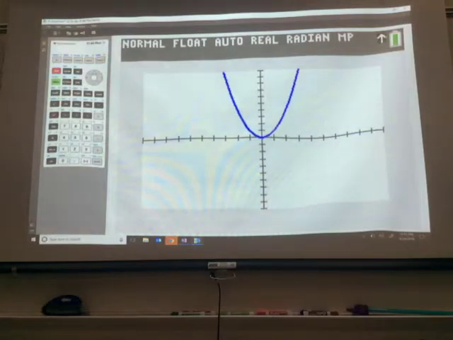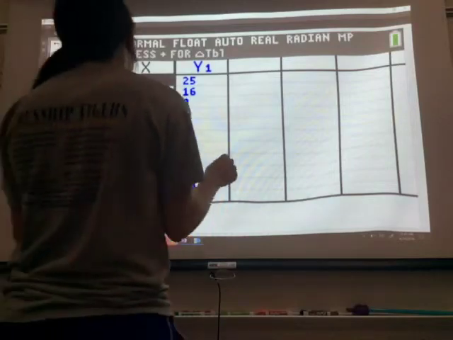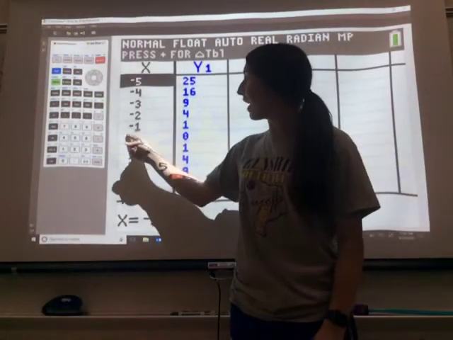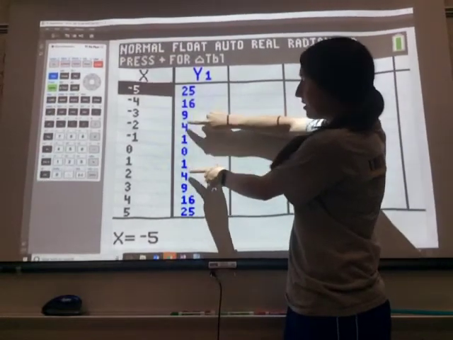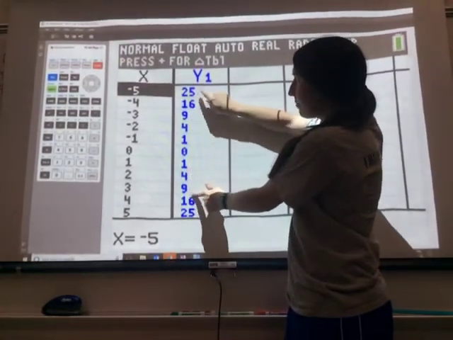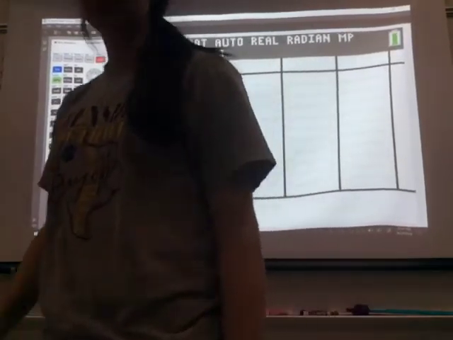So I'm going to go to the table and try to find where my vertex is. My vertex is the turning point of my graph. So it's where my graph is kind of mirrored. Whatever happens on one side is going to happen to the other side. Okay? And so I'm always going to put that vertex in the middle of my table.